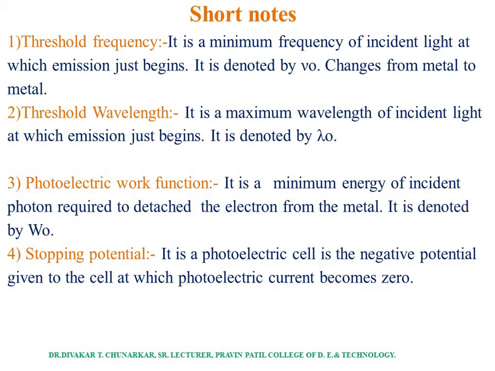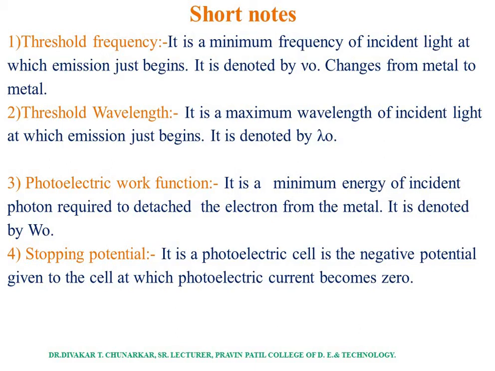So, threshold frequency nu zero is the minimum frequency of incident light at which emission just begins, and it changes from metal to metal. It is called threshold frequency.